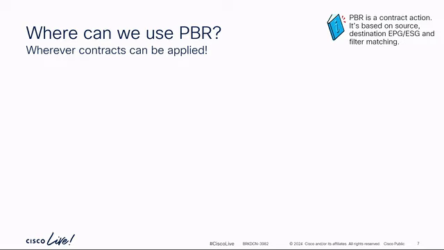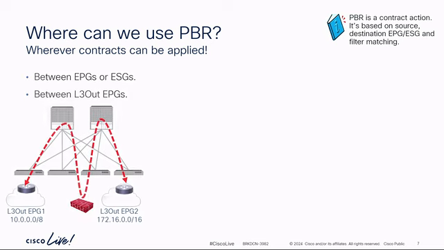Contract is based on source, destination, and filter. Let's take a look at a couple of examples. Let's say you have multiple external EPGs having a contract between them. You can permit traffic, which means you can also redirect the traffic.